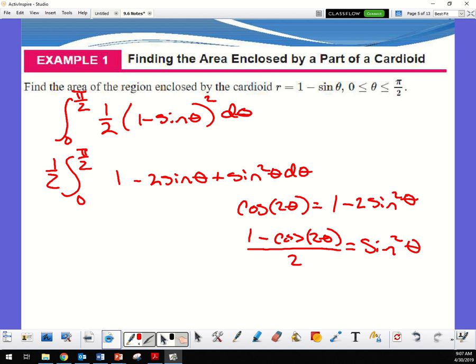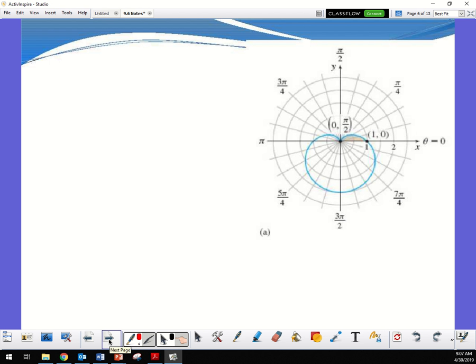So I'm going to take it to the next page. I have 1/2 integral from 0 to pi over 2 of 1 minus 2 sine theta plus 1 minus cosine 2 theta, all over 2, d theta. Could I just change that 1 minus cosine 2 theta over 2 to 1/2 minus cosine 2 theta over 2?